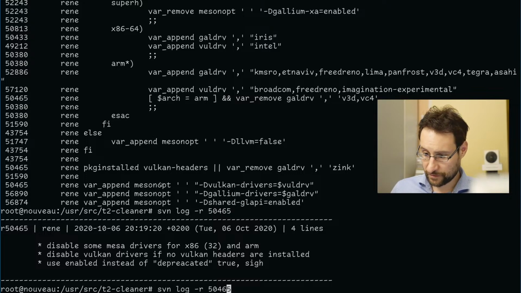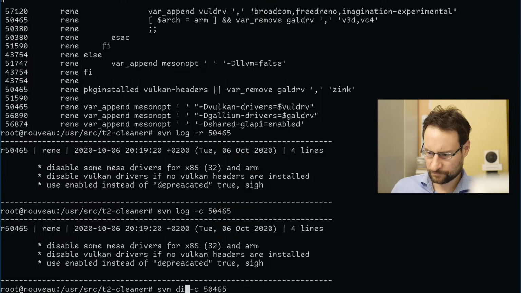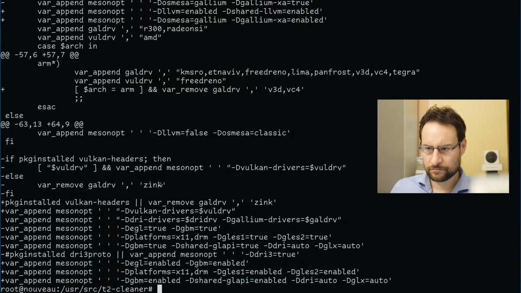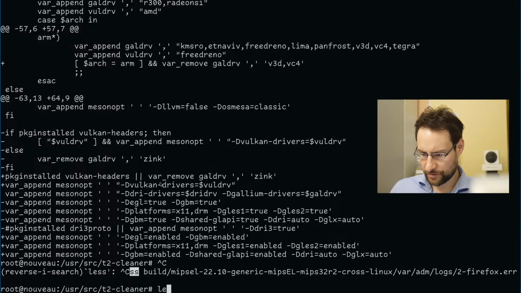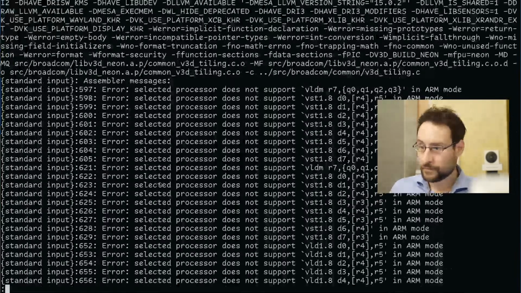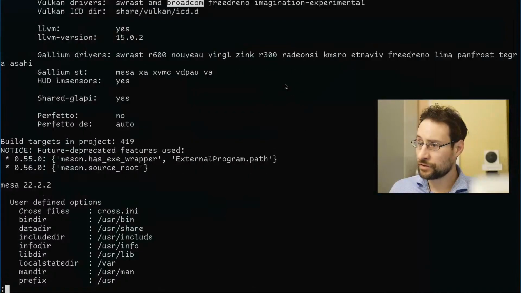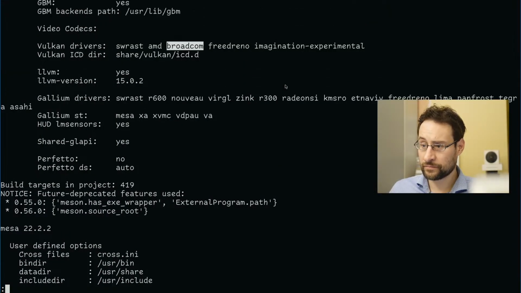Would have been good if I commented more precisely why. So ARM actually is removal there. Okay, which driver was it? So that is Broadcom, I guess. So that is Vulkan Broadcom, probably.